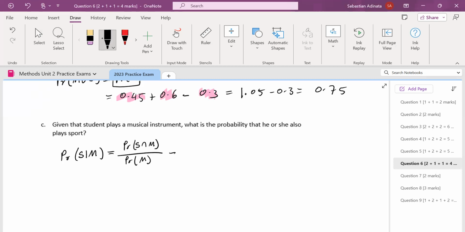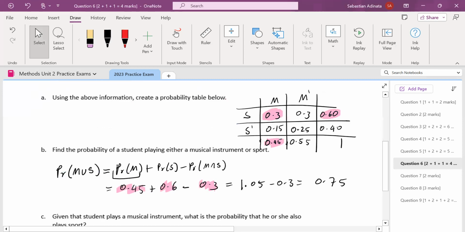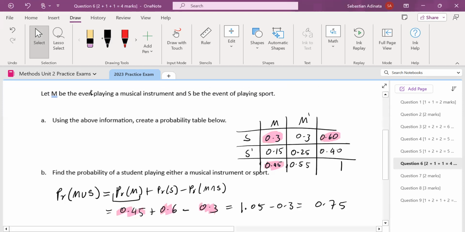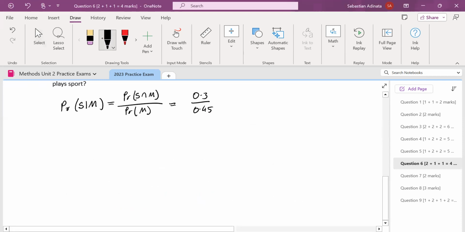So this is going to be from our table 0.3 over 0.45. And to note, it'll be this one again. This is equal to 30 over 45, which is equal to 2/3.